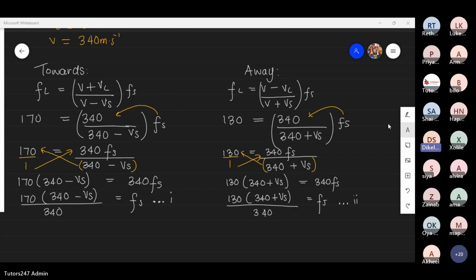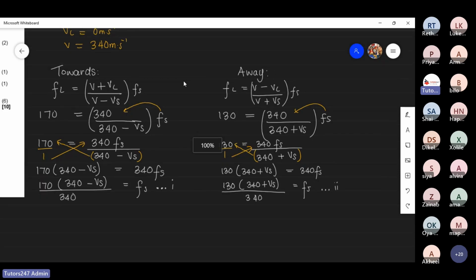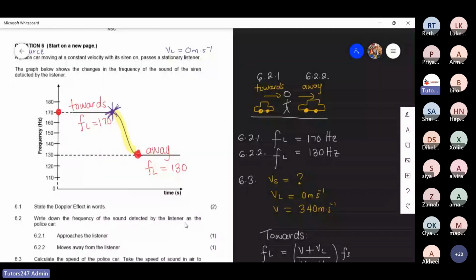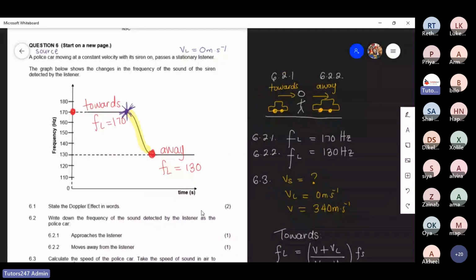Yes, please. Okay. So we've got two different formulas because we have two different scenarios taking place within our question. Now, in the initial question, it is stated that a police car passes a stationary listener. So think of it as you are standing on the side of the road and all of a sudden a police car rushes past you or drives past you.